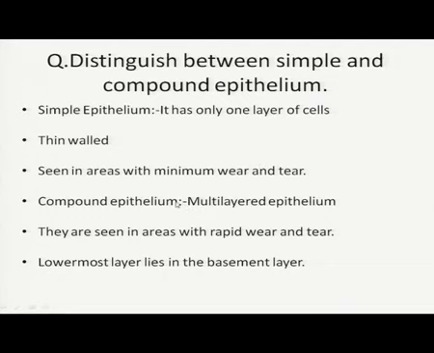Compound epithelium is multilayered epithelium made up of many layers of cells. They are seen in areas with rapid wear and tear, and the lowermost layer of cells lie on the basement membrane.